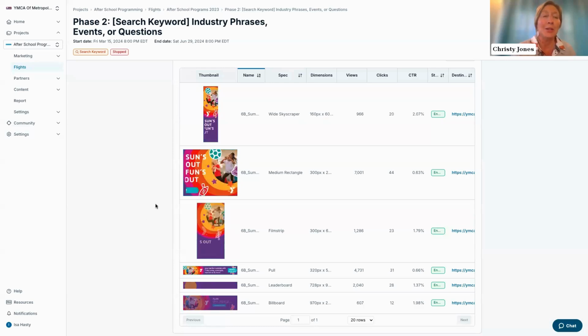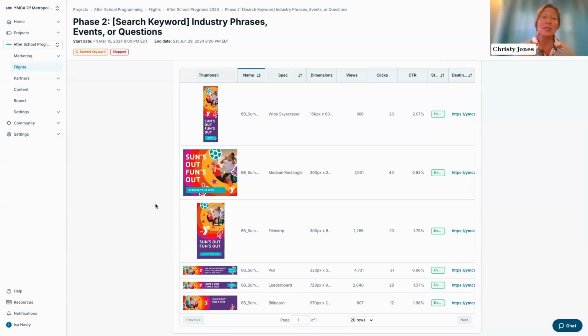We include all of the elementary schools and the communities that these camps take place in. Because if I'm a parent and I'm typing in Ridgely Elementary, and that's where my child goes to school, I'm looking for day camps near Ridgely Elementary because I don't want to drive very far. I want it to be close to my neighborhood and close to my home. So those are some of the guiding principles that we've used.